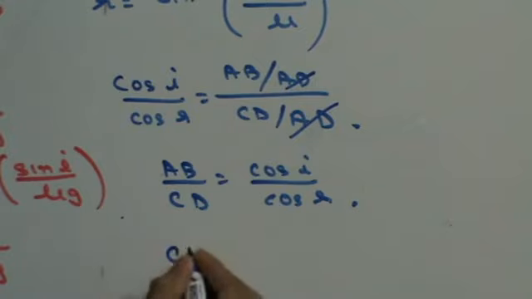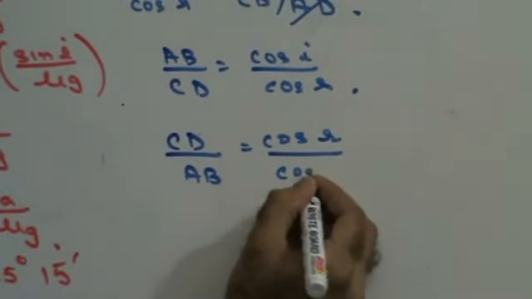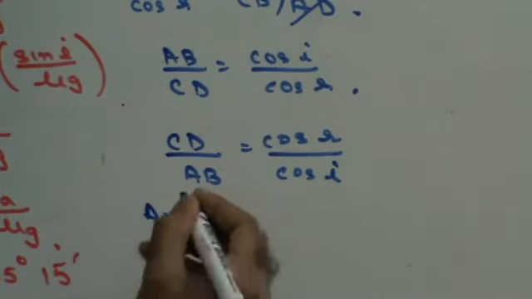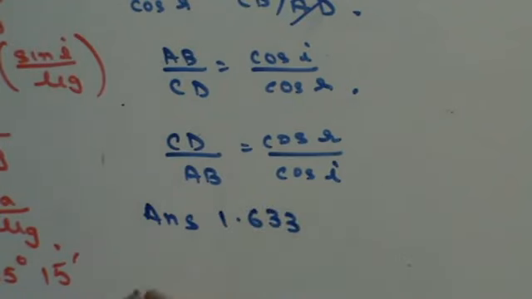So reciprocate this. I'll get CD upon AB is cos R upon cos I. You know the value of R, you know the value of I. You can easily substitute and get the answer. Fine, do we get this thing clear? Use your log table, cos I, cos R, and you should get the answer. The answer for this sum should be 1.633. Right, take the next sum please.